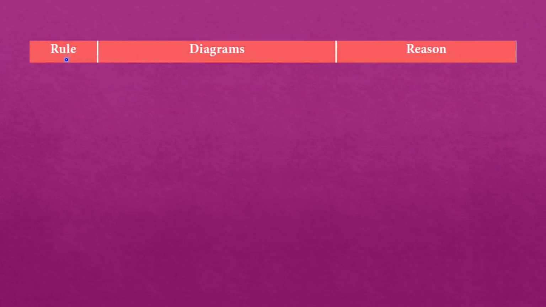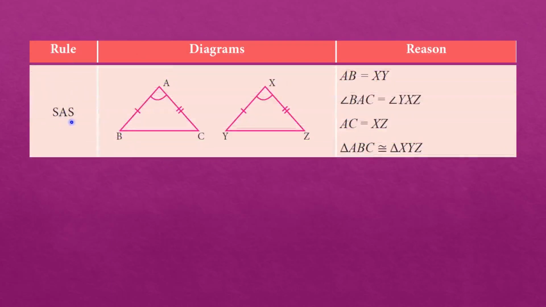Next we are going to see the rule SAS. SAS means side, angle, side. See this diagram. Here the names of the triangles are ABC and XYZ. Here the side AB is equal to side XY, and the angle BAC is equal to angle YXZ.